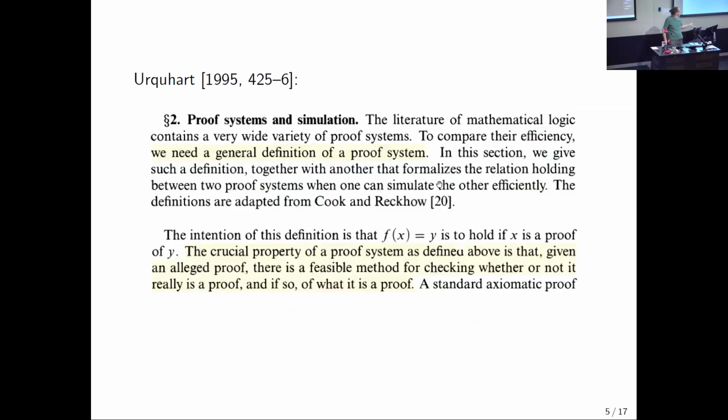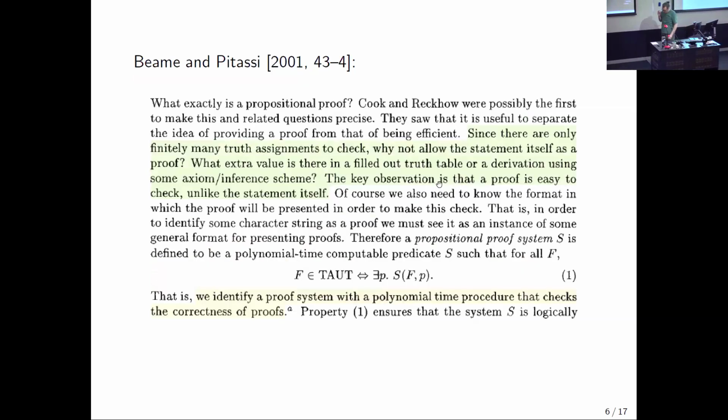If I go back to the Urquhart quote, again, it's just presented: the crucial property of a proof system is that there's a feasible method. So on the one hand, you have the idea that it's just intuitively appealing. But against that, I want to present some exhibits from the literature.